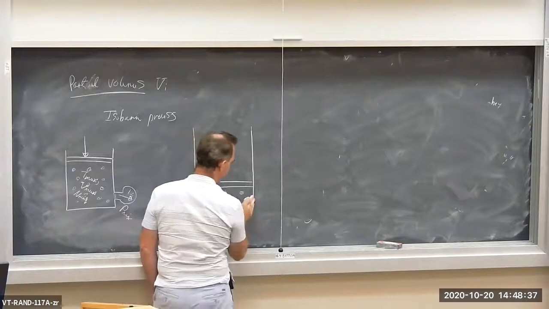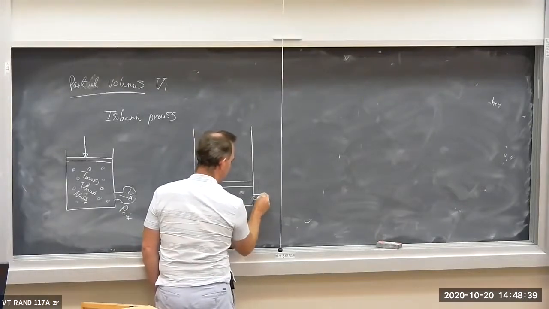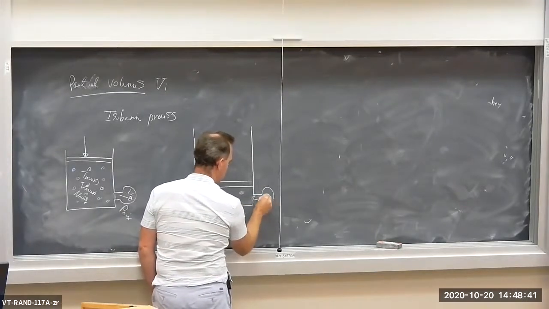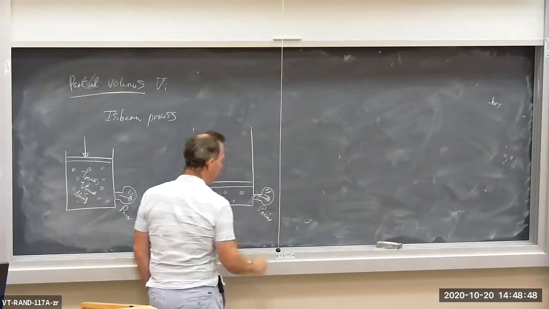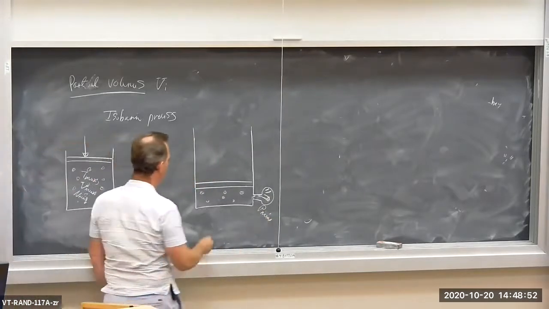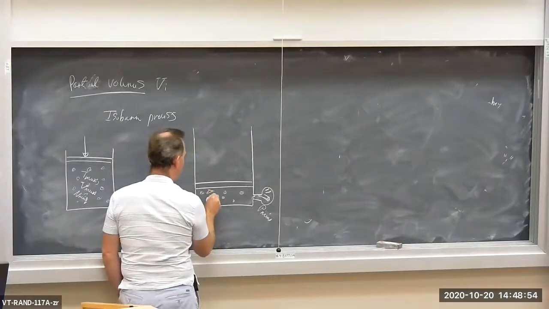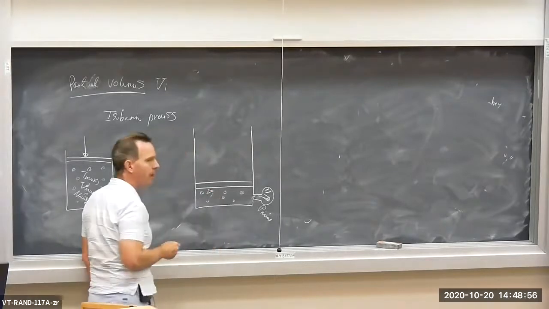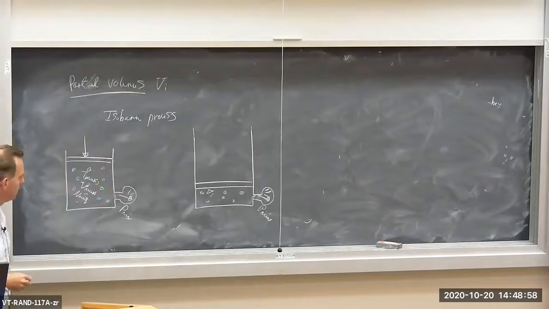Okay, so pressure here is still P mix. This is an isobaric process. But now I have a much smaller volume. I now have the partial volume V sub I for the component.